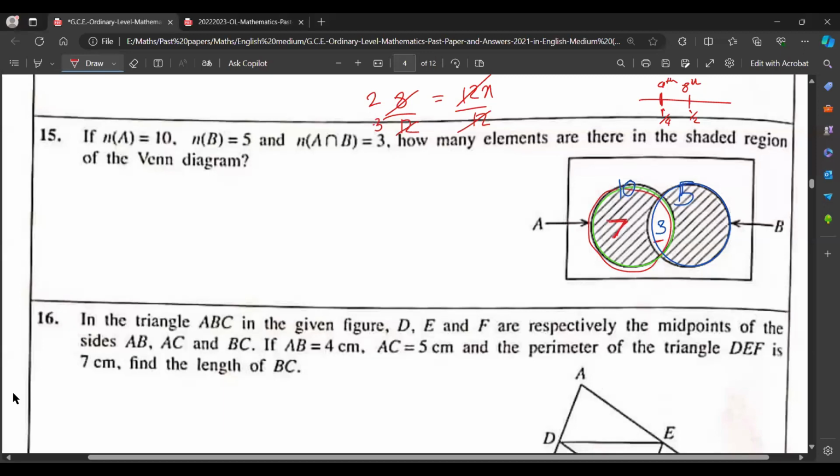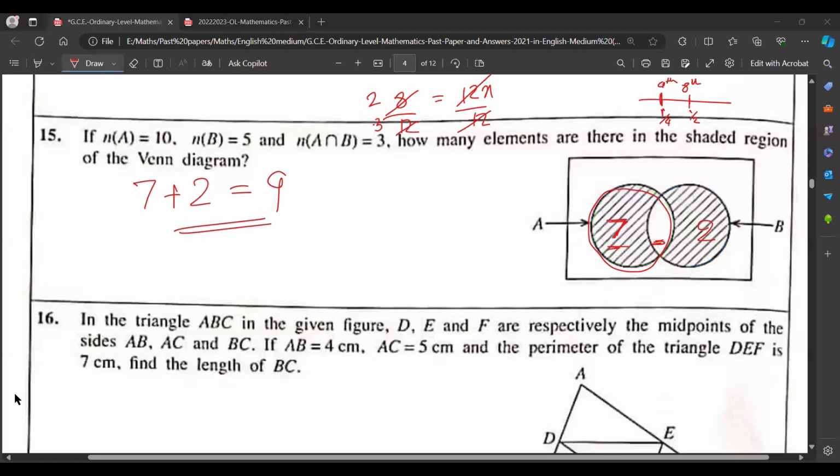This whole part is 5. If this is 3, this value should be 2. Now the shaded area: this one 7, this one 2. All together, the shaded area should be 7 plus 2, which is 9. The shaded area is 9.